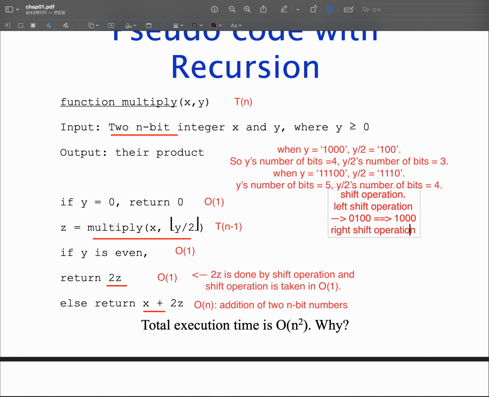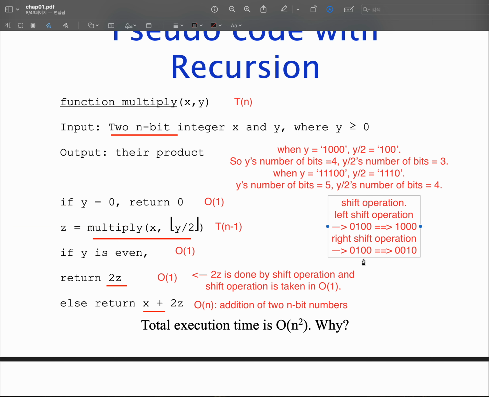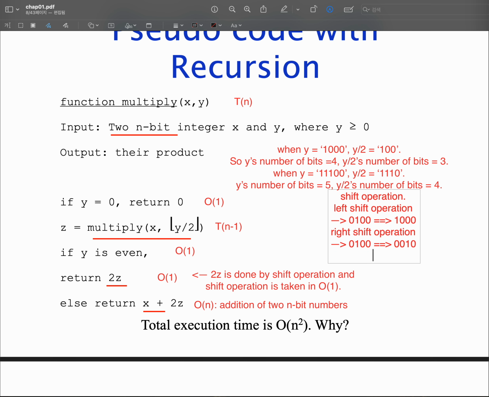And right shift operation is like this. If you have the number 0100, it becomes by right shift operation 0010, okay? So that is the number 1 is shifted one bit left or right, okay? Shift 1 bit, okay? So typically shift operation is done in big O of 1 time.